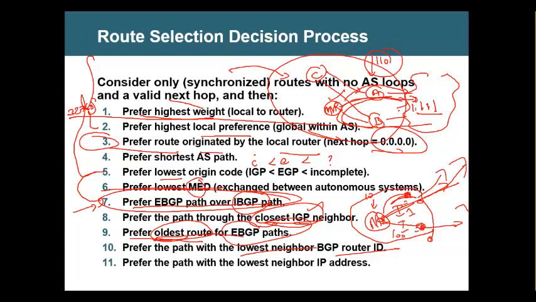Definitely every neighbor's address is unique. Prefer the path whose neighbor address is lower. This is how BGP picks only one path out of many. Always only one path.